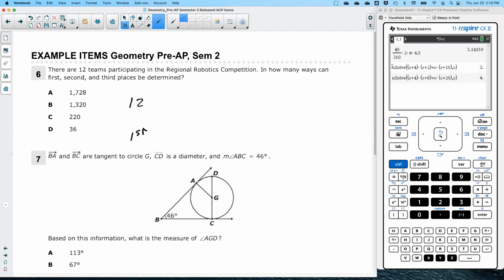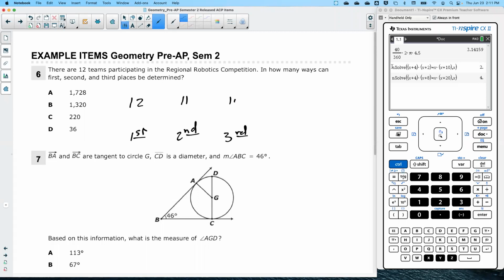I'll just put first down here to keep track. Now, how many teams could win second? I hear 12, I hear 11. One of y'all is right, one of y'all is wrong. Why 11? Someone's already got first place. So to win second, you could have 11 different options. Now, how many people could win third? 10.